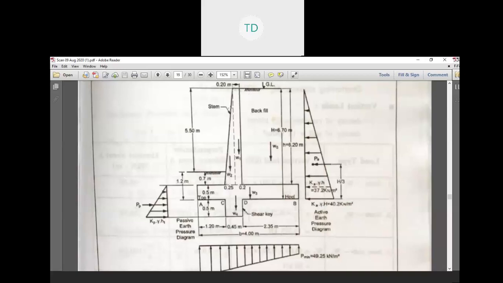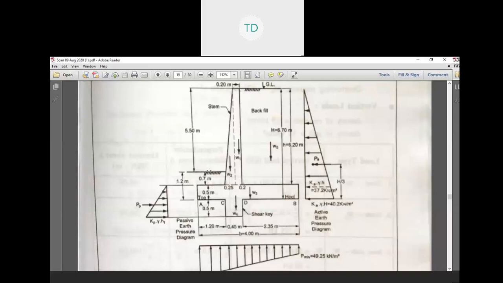That's why we reduce the above portion. The top portion of the retaining wall is considered as 0.20, and the portion between the top of the base of the retaining wall to the filling is considered as 0.7.